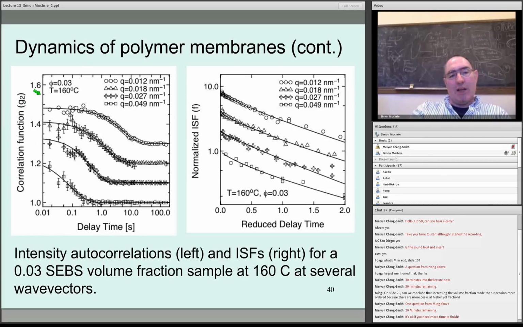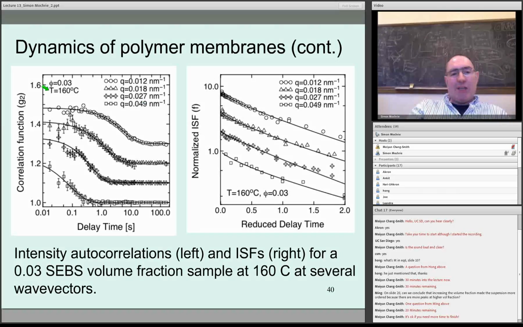The intensity autocorrelation functions are shown over on the left-hand side, I should say, for a volume fraction of the tri-block copolymer of 3% at several different wave vectors and at a particular temperature here.